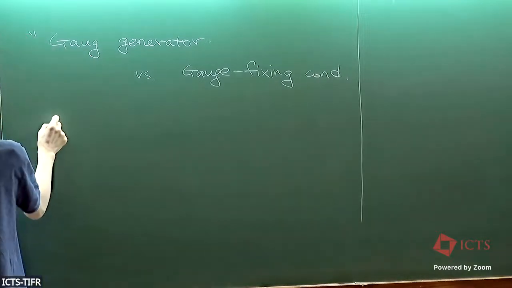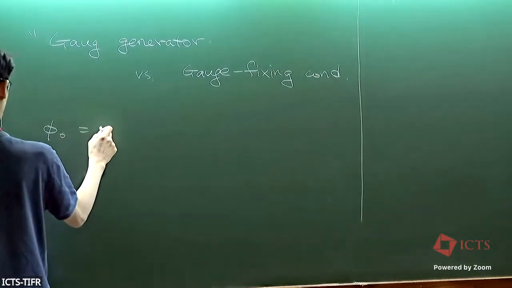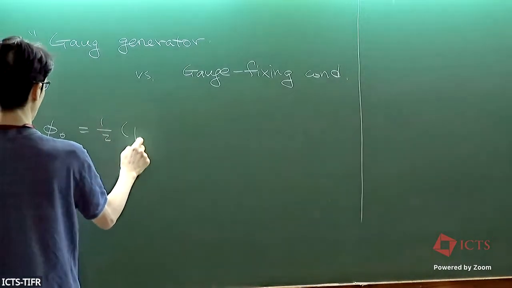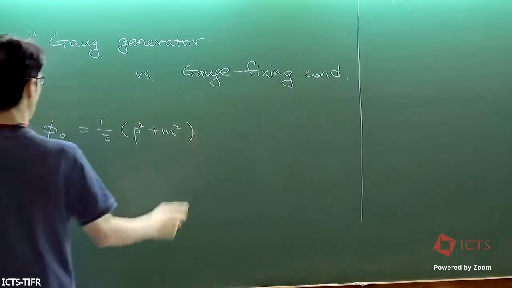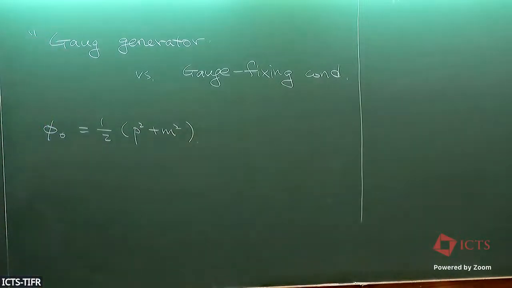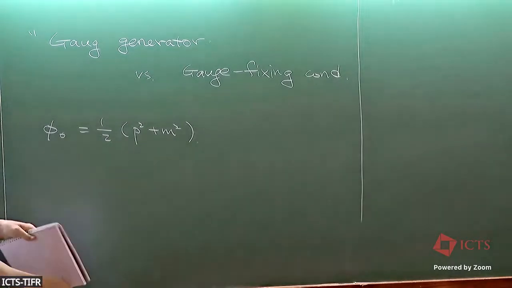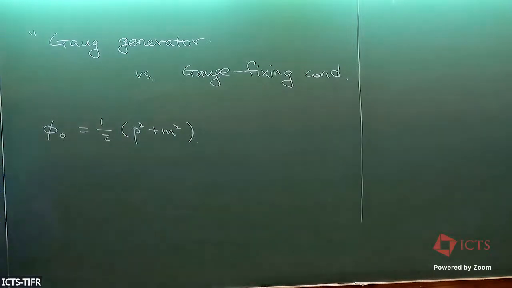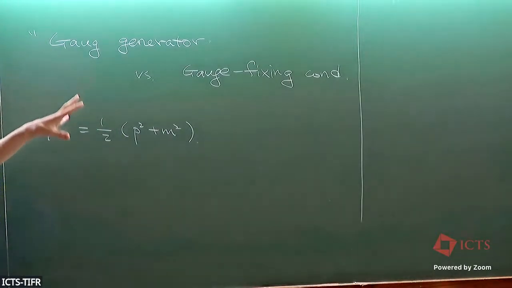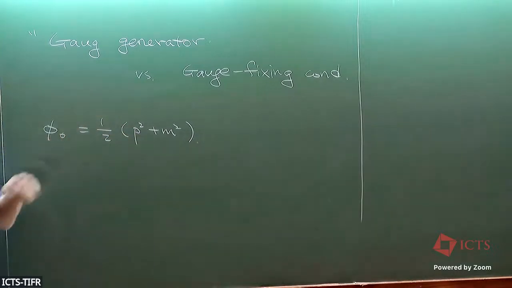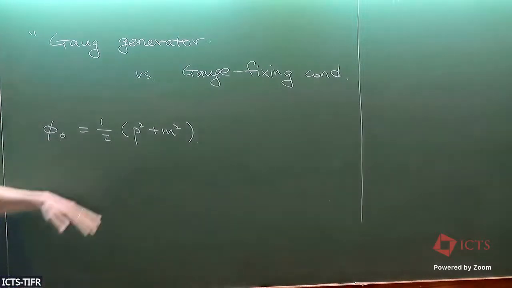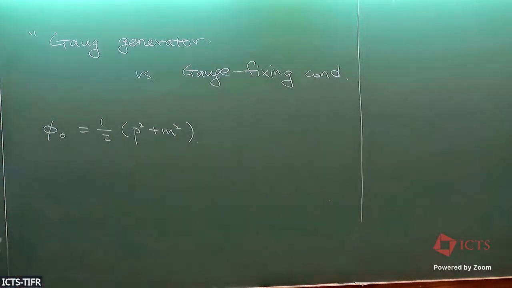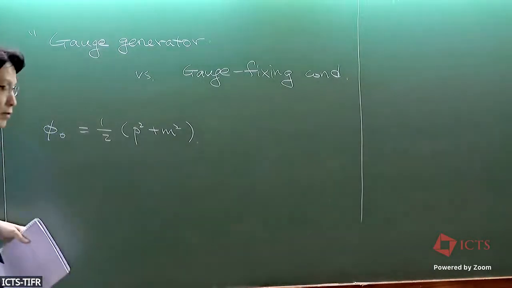For the gauge generators, I use the letters phi, and with the label 0, I bring up the mass-shell constraint. When you take the Poisson bracket between this and the coordinate x, you get something proportional to p, and shifting x by p is the translation, right? So in that sense, this is the translation generator, and in empty space, translation is a symmetry.